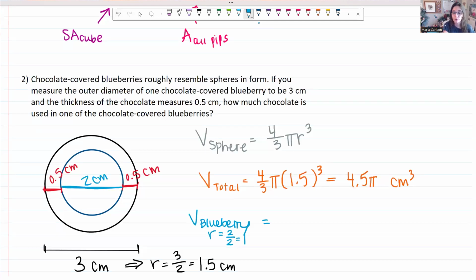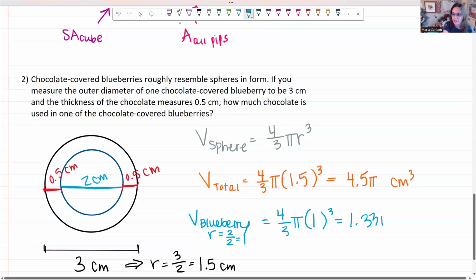So the volume of our blueberry is a little bit more straightforward. It's 4/3 pi times our radius, which is just our diameter 2 divided in half, so 1 cubed. So this is just 4/3 pi times 1, and 4/3, that is 1 1/3, or 1.333 repeating forever. I'm just going to leave it at 1.33 pi centimeters cubed.